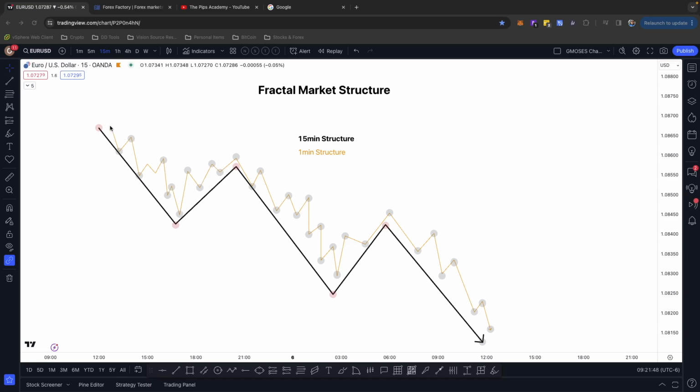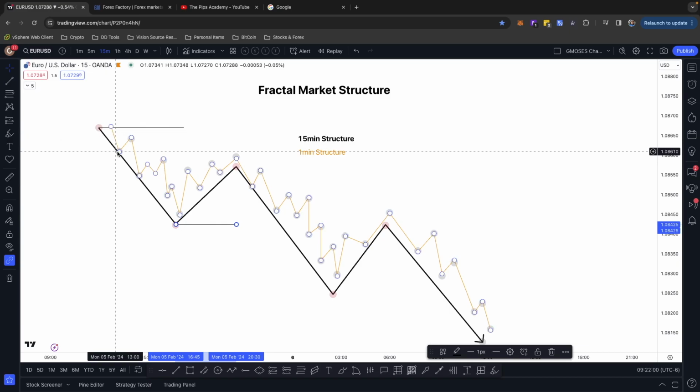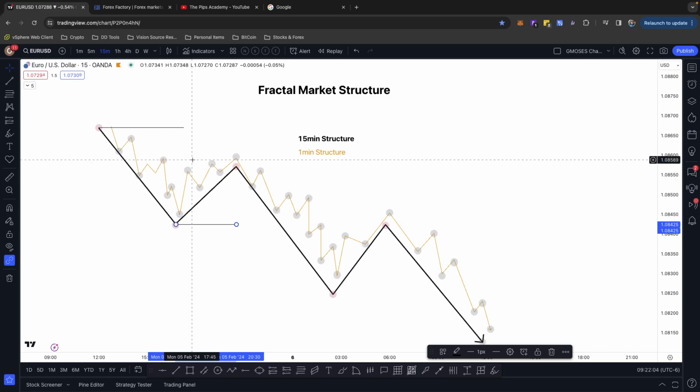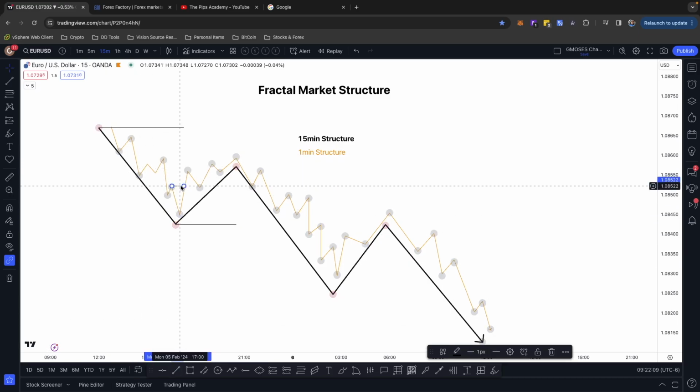When we're in this swing here, this swing high and this swing low, you can see that we're in a downtrend. Here we have peaks and valleys that give us a downtrend. And in this area here, we have a break of structure.